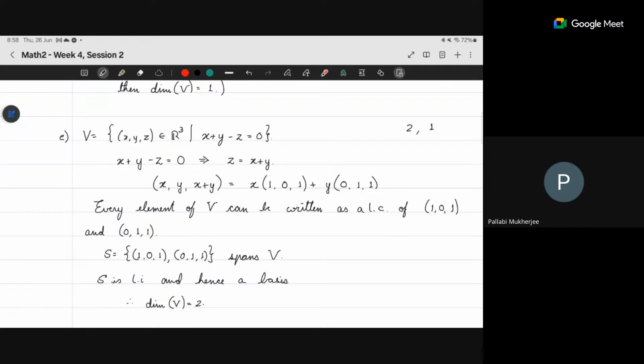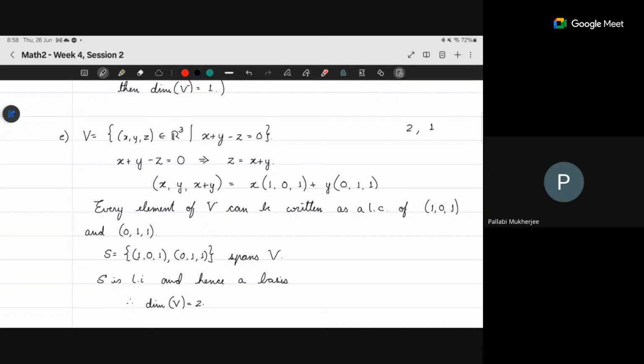Yes, sir. Then you decompose x, y, x plus y as x times (1, 0, 1) plus y times (0, 1, 1). You have these two things, right? x and y. You're just separating them out using the laws of vector addition, because here we are in the usual vector space, usual meaning standard plus and dot.